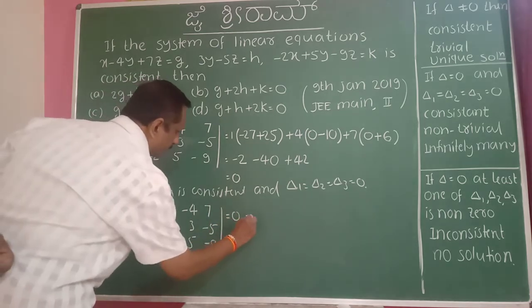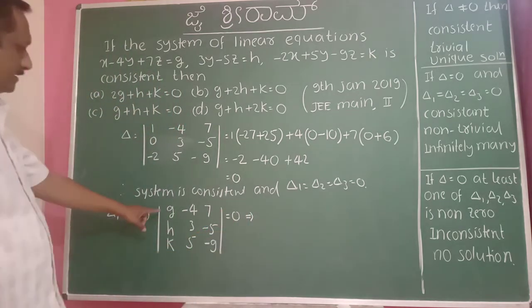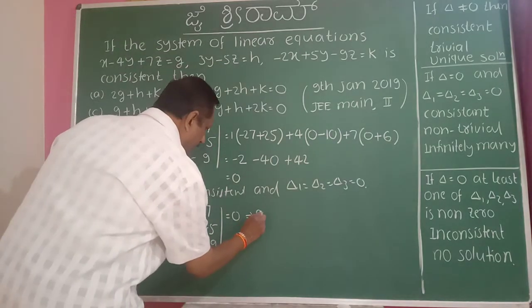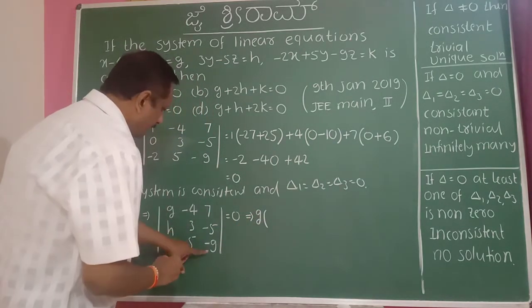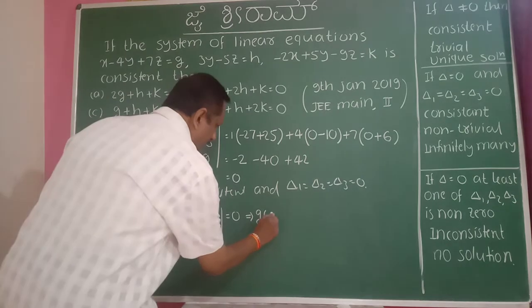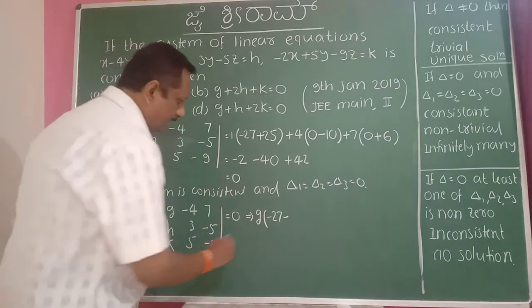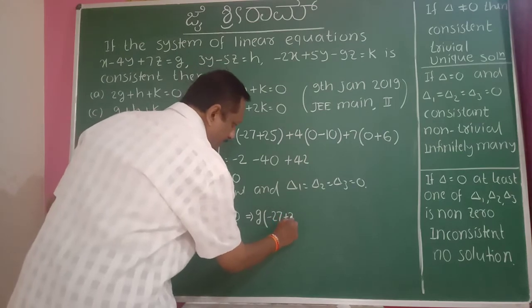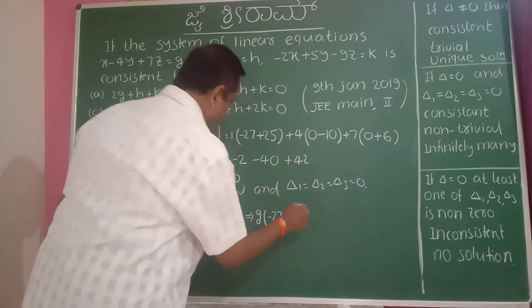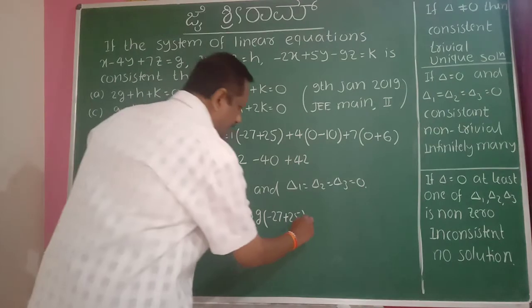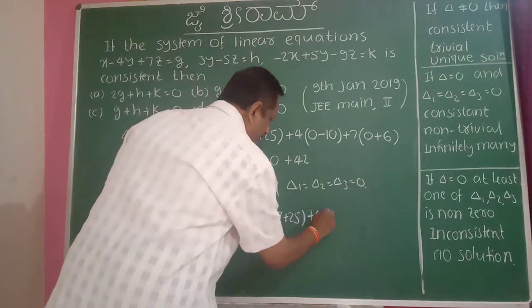Then expand it. g into 9 threes are 27, minus 27, minus of 5 fives are 25, minus minus plus 25.